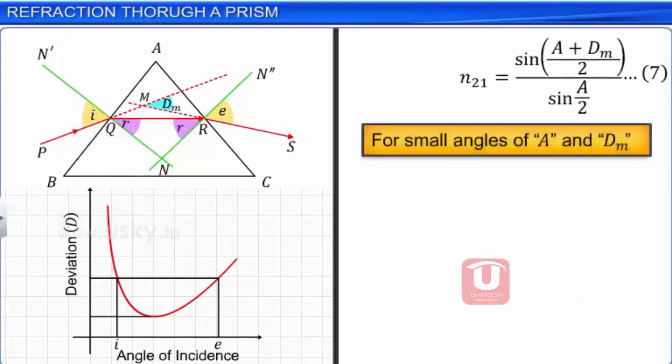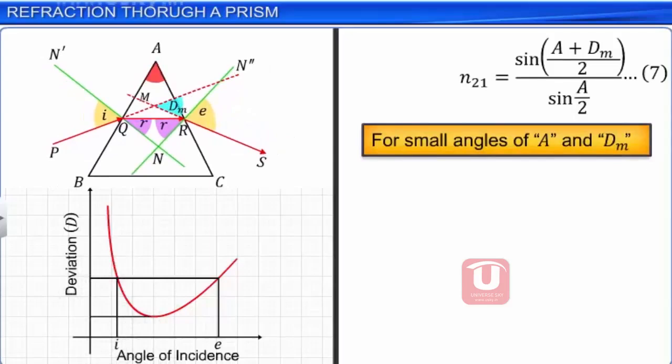Hence, we can assume that sin((A plus dm) by 2) is approximately equal to (A plus dm) by 2, and sin(A by 2) is approximately equal to A by 2. Substituting these values in equation 7, we get n21 is equal to ((A plus dm) by 2) by (A by 2).